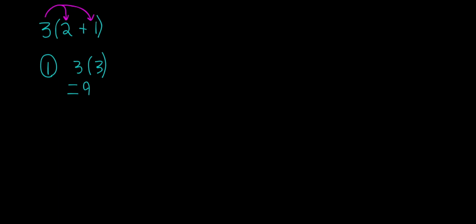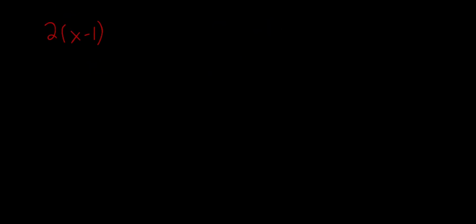I'll write expression 2 over here, which is going to give us 3 times 2 plus 3 times 1. We know that 3 times 2 is 6, plus 3 times 1 is 3, which gives us 9 as an answer. So this shows that the distributive property does in fact work in math.